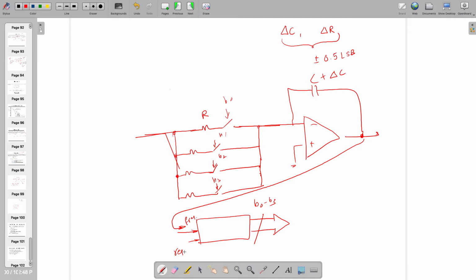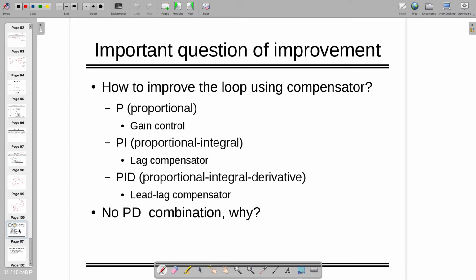So then you can do this. This is one way. Otherwise, you can tune C plus delta C rather than tuning this resistance, keeping the resistance where it is. And for doing all such things, you may use various compensation schemes.